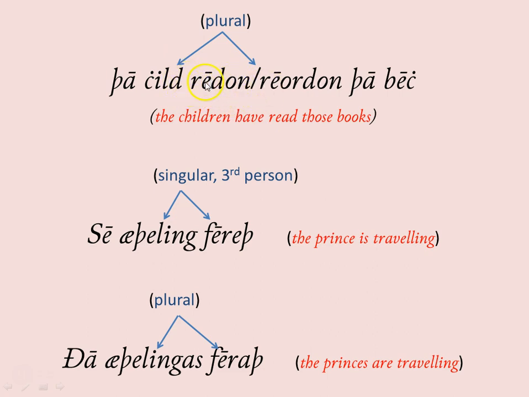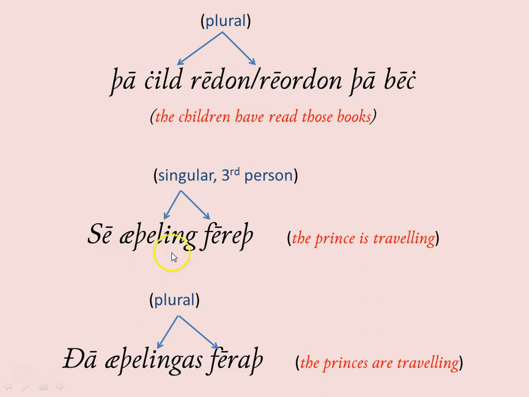Simply the raidon or rayordon are past tense for read. So tha child raidon tha beach. And child and raidon, or child and rayordon, are plural. So they go together. So the children is how we should interpret it. And we know that that's meant in the plural sense because these are plural here, plural past tense.